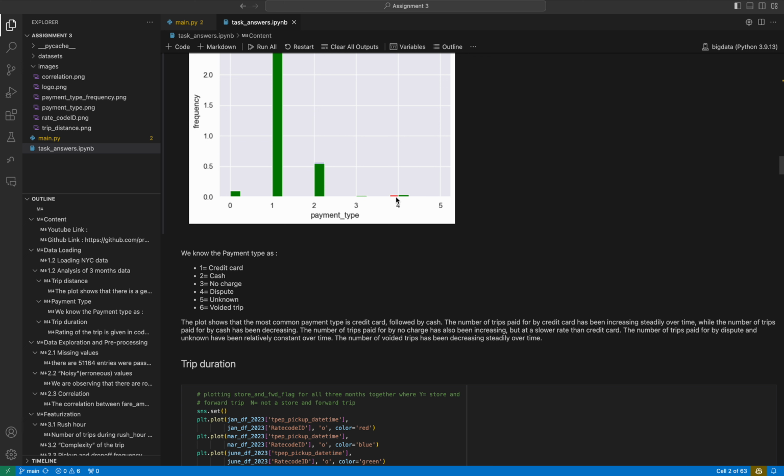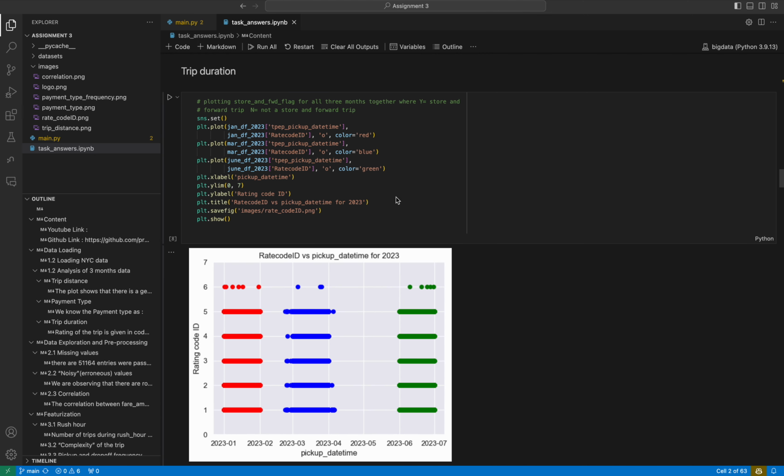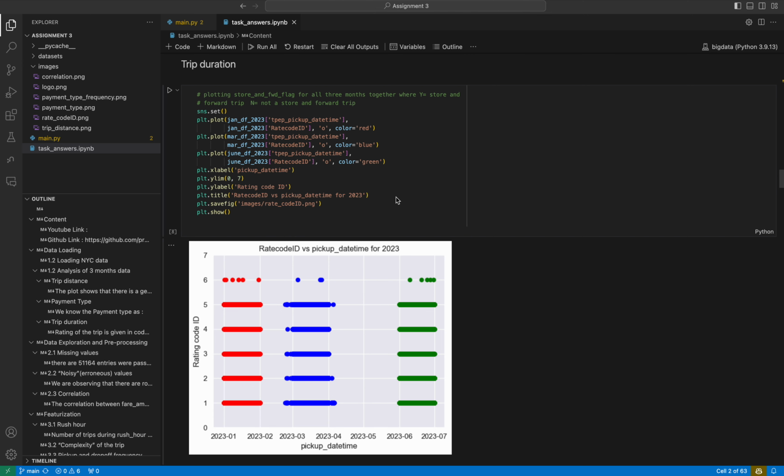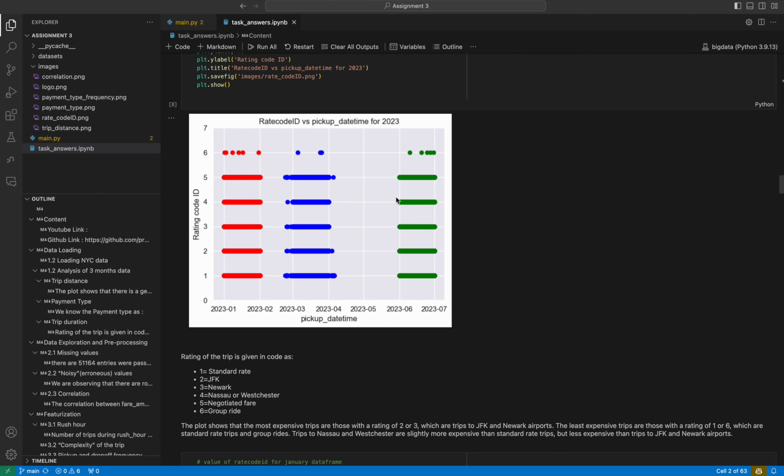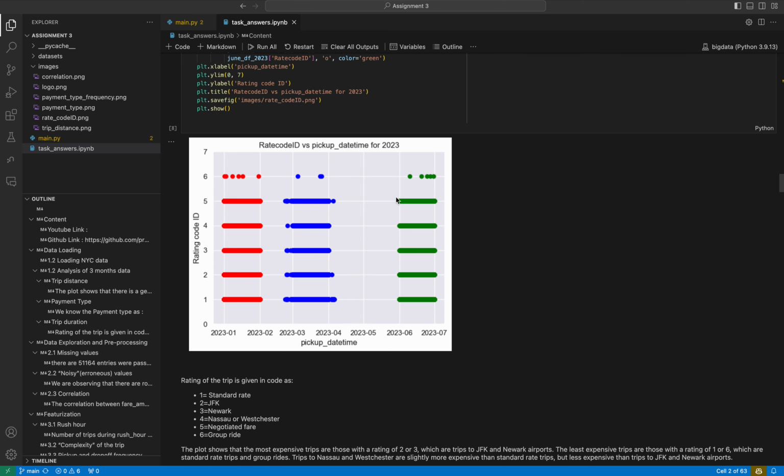Coming to my third trend, trip duration: how long the trip was for all these 3 months, and where the trip went. Here is the trip code, like standard rate, JFK airport, New York, and negotiated fare. These are the codes through which we can see where the taxi trip went.